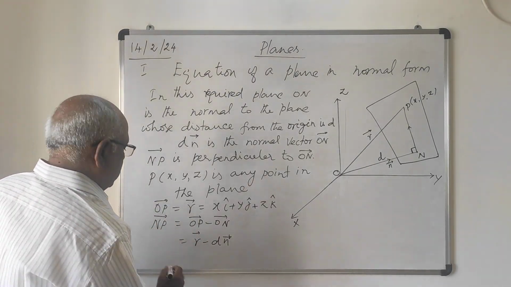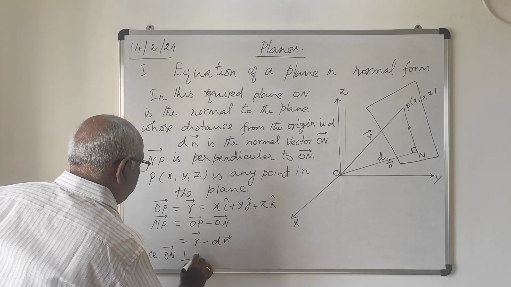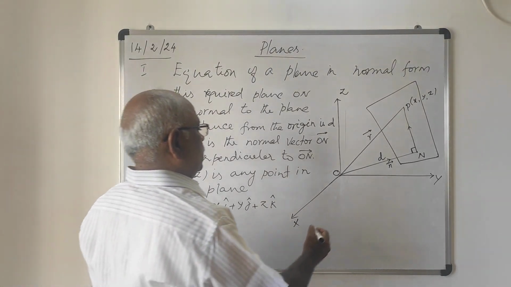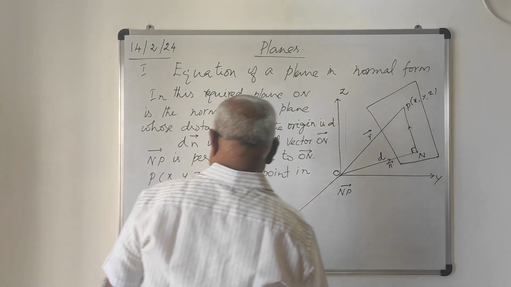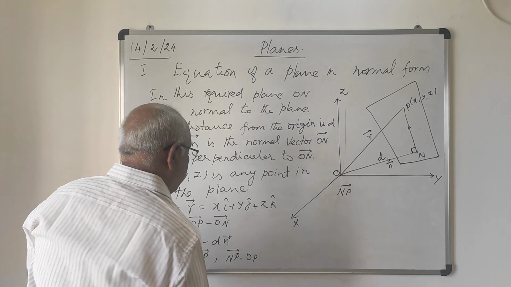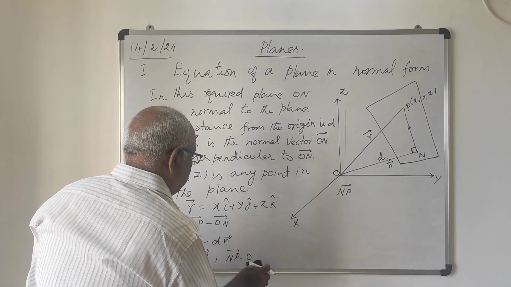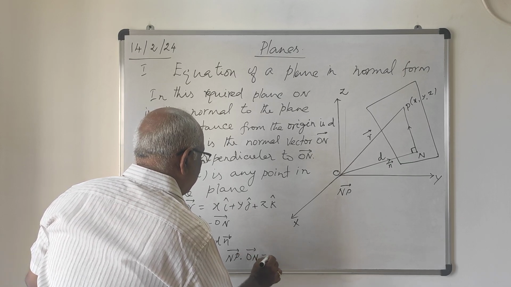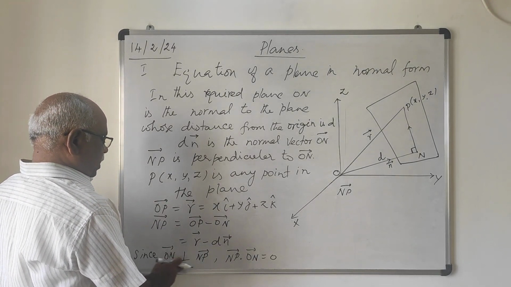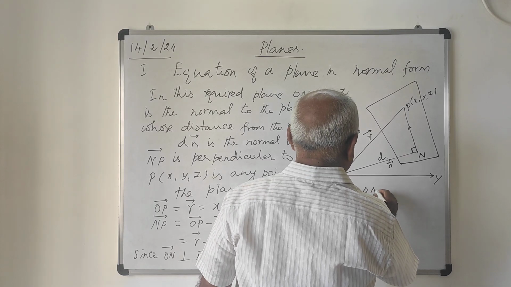Since ON is perpendicular to NP, NP dot ON equals 0, because their dot product is 0.